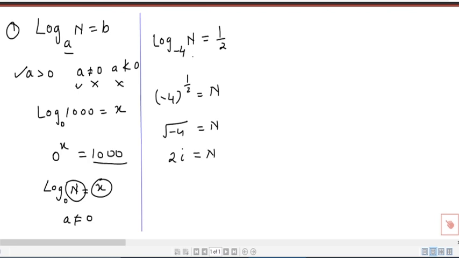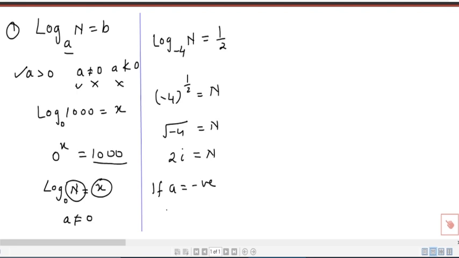If you take a negative base, if a is negative, then your result can be imaginary or real. So it is not strictly always real, it can also be imaginary. So we cannot take a negative base.